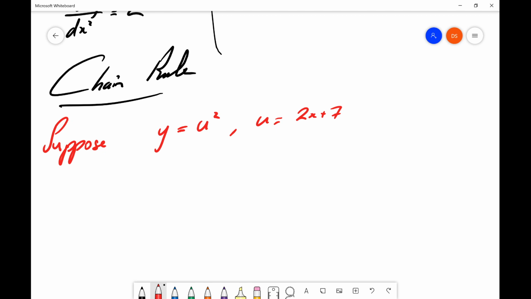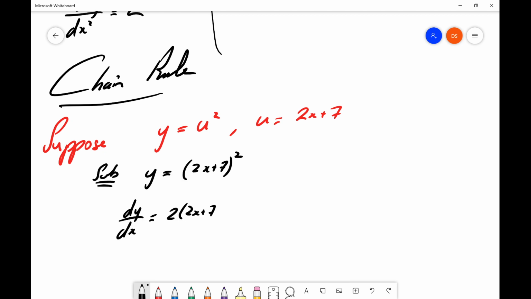So far, we can do some pretty cool stuff. So we could substitute. We could do y equals 2 times the power, by the derivative of the inside, which is 2, and so my answer is 4 times 2x plus 7. Right, that's really cool. It's a very simple problem.